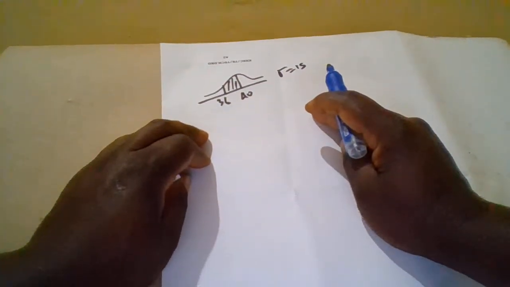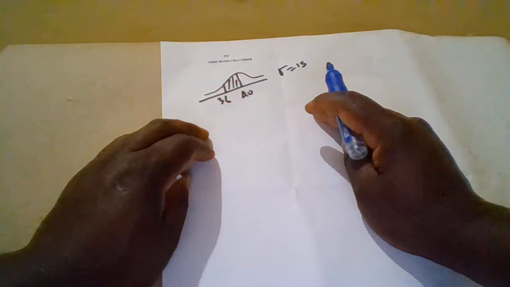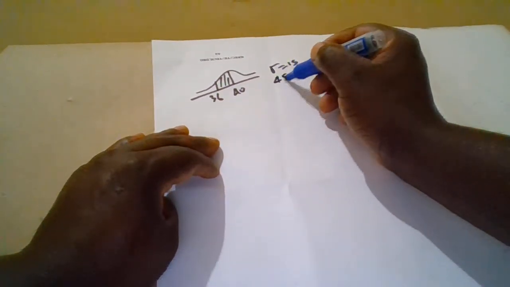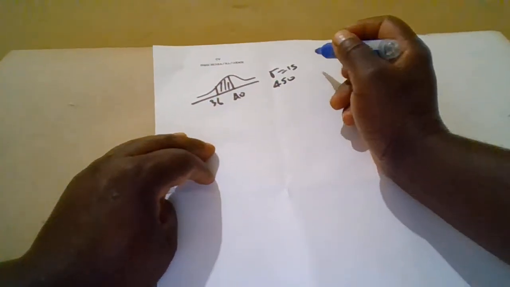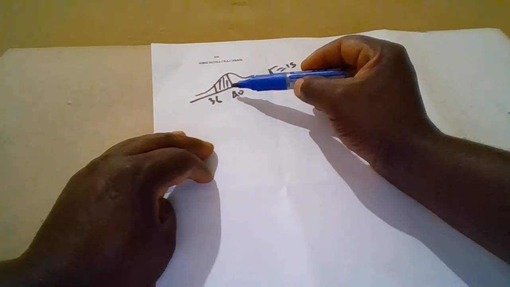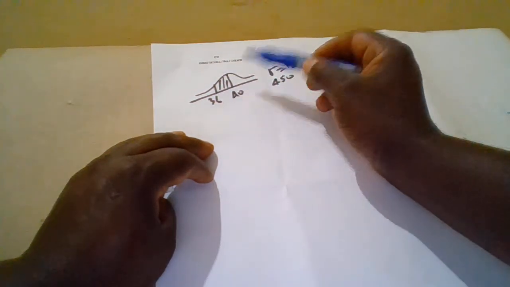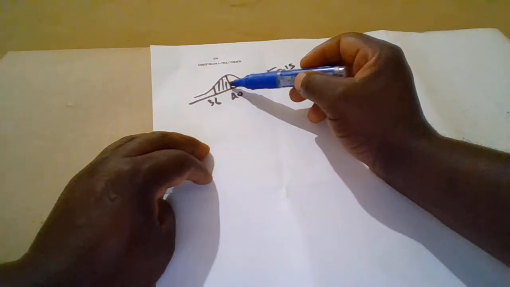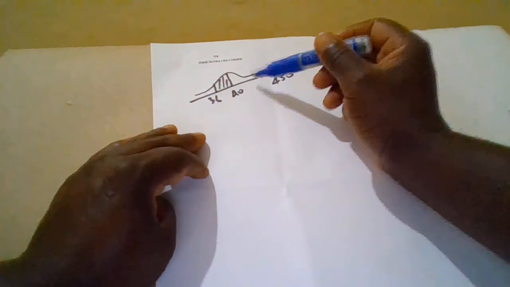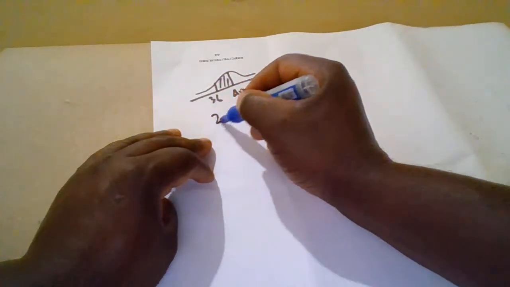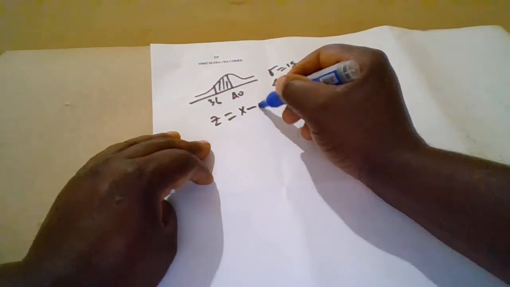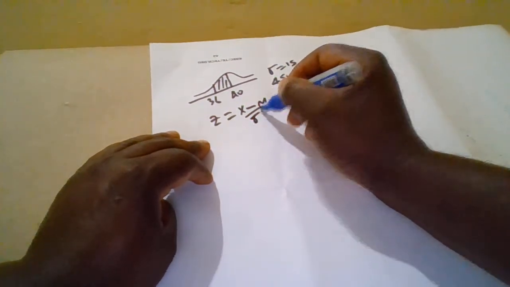Now remember, for Roman 1 they want us to find out how many students passed the exam. The total number of students was 450. Therefore, we cannot read directly from the table these values that we've been given. So we convert this normal distribution curve into the standard normal distribution curve by using this equation: Z equals X minus mean over standard deviation.